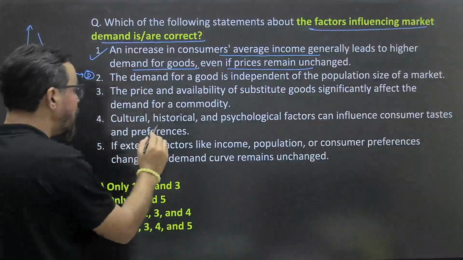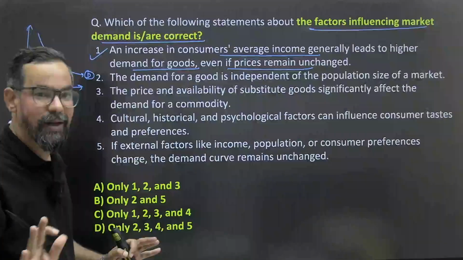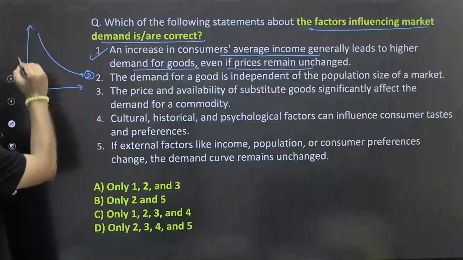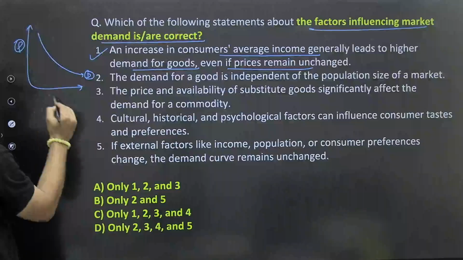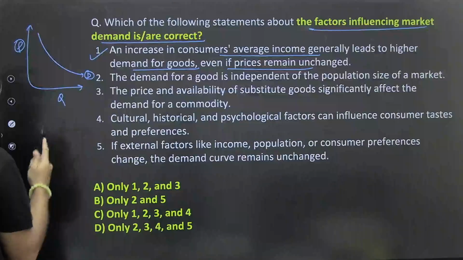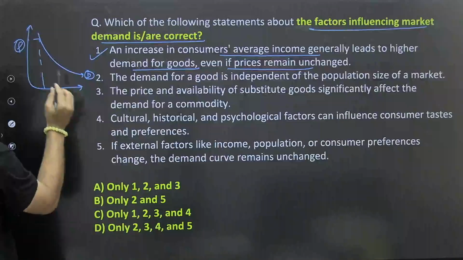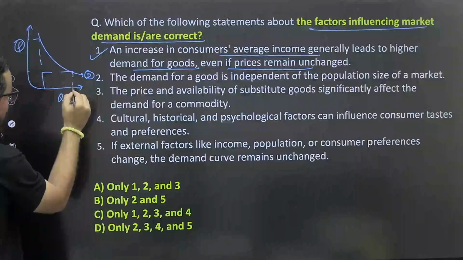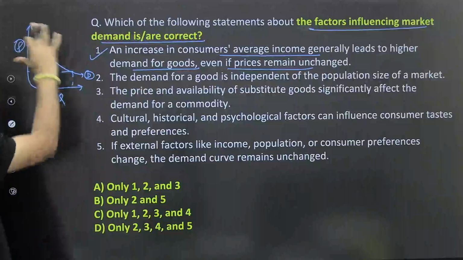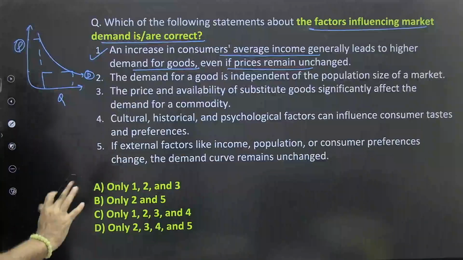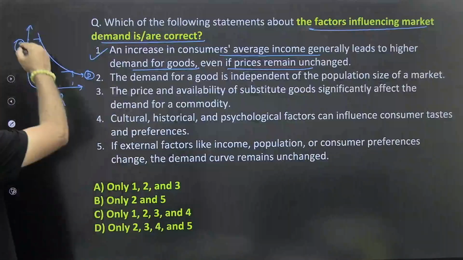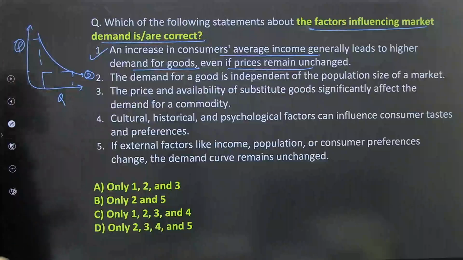Another basic fundamental of the demand curve: let's say this is price and this is quantity demanded, right? When we have higher prices, the demand is low, and when we have low prices, the quantity demanded is high. That is the basic relation shown by the demand curve between price and quantity demanded.